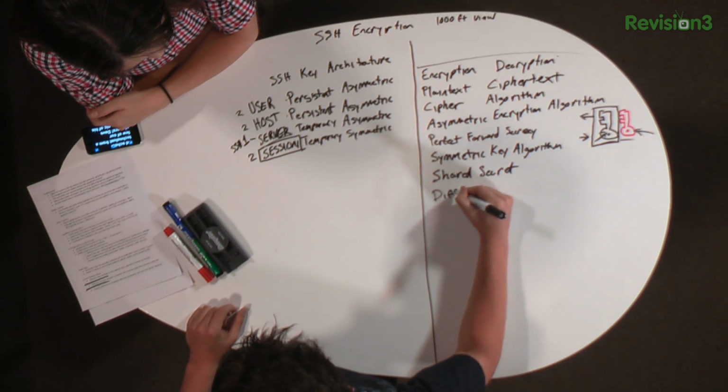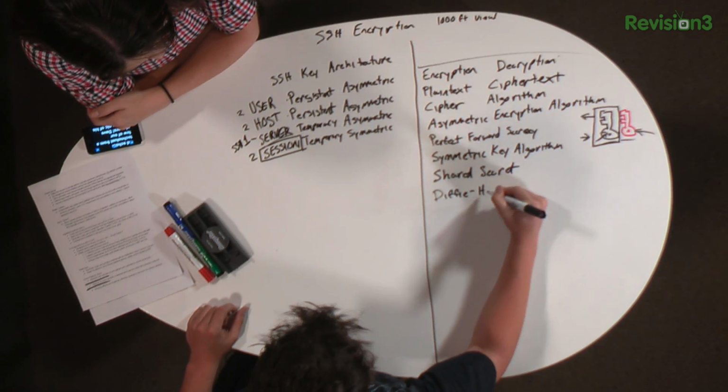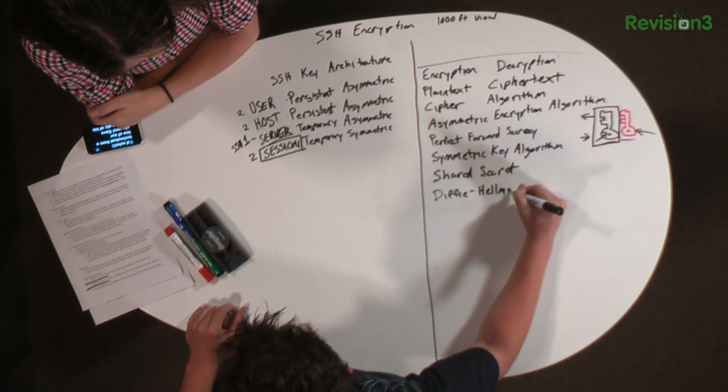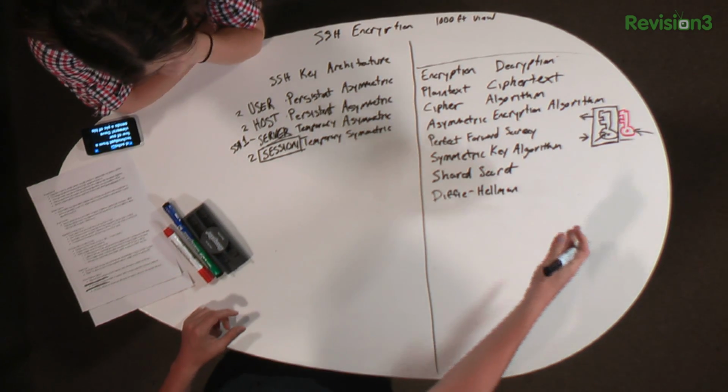Well, the nice thing about this in SSH, at least as far as this is concerned in simplicity, is that there's only one algorithm that's actually used for that key exchange, and that is the Diffie-Hellman key agreement algorithm.